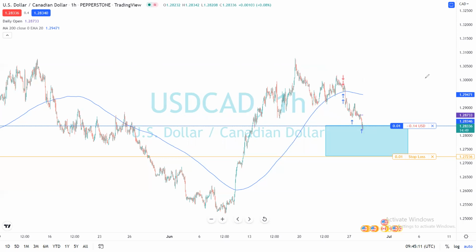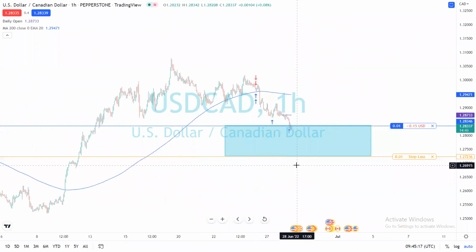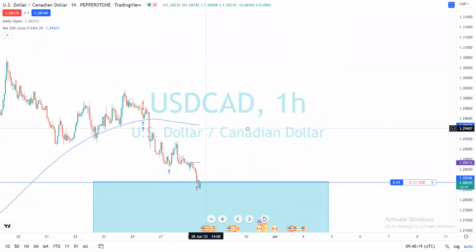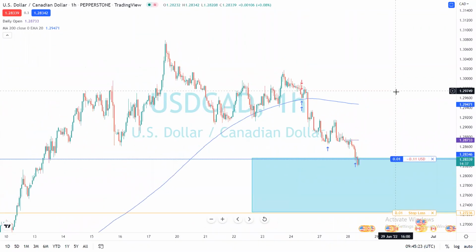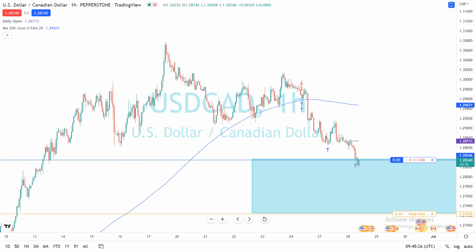Okay, so looking at this wave here, let me just zoom into that. Now we can see that from this peak here, we had this move to the downside.